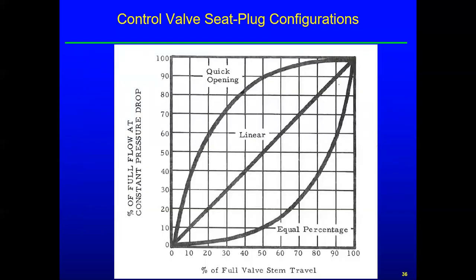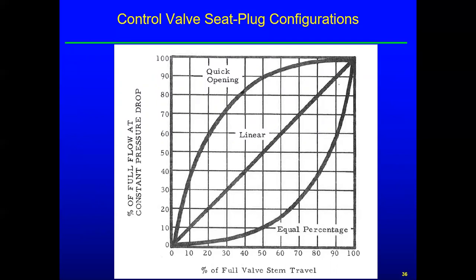Okay, so here you can see that the quick opening looks kind of like the flow that we had on the 20 degree delta T coil. But this is slightly different: this is percent of full valve stem travel versus percent full flow at a constant pressure drop.